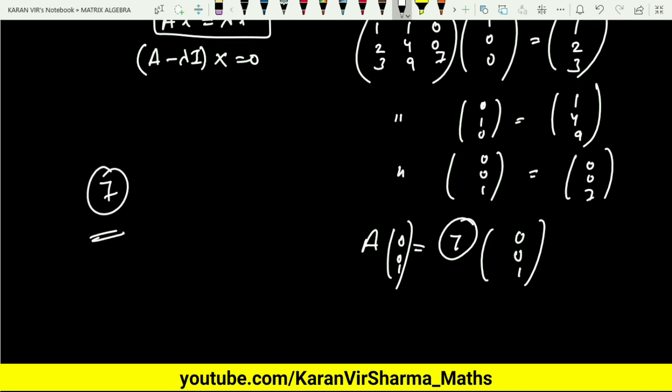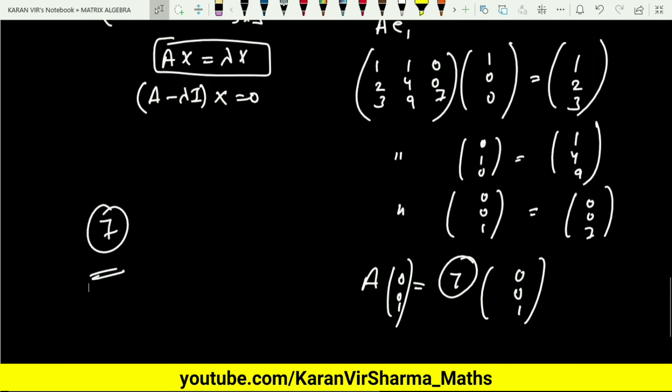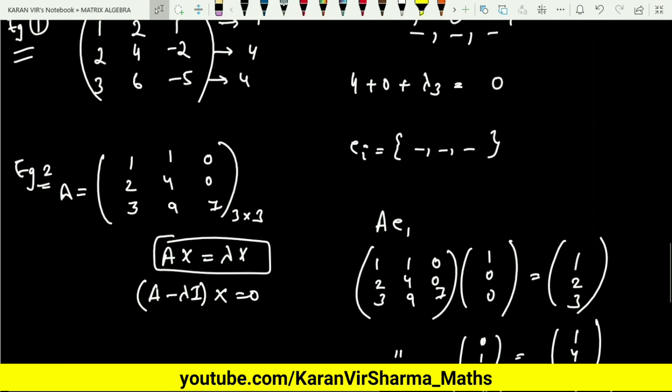The trick we have learned from this is: if in any ith column, whether it is the first column, second column, or third column, we observe a multiple of ei, then that multiple will definitely be one of the eigenvalues. Again, this is a very important trick because it saves our time.